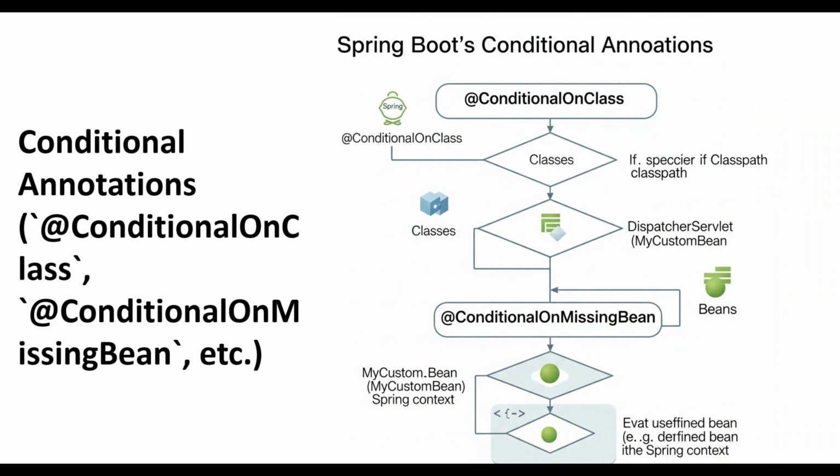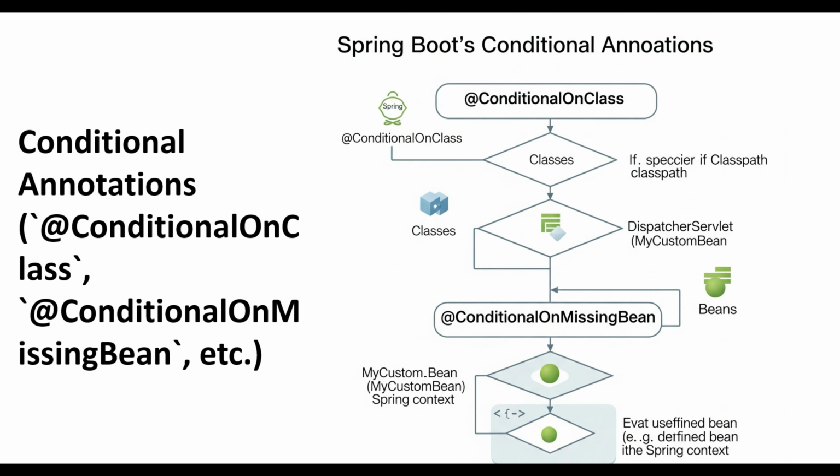Now after that, it is going to check on the conditional annotations. Let's say you have conditional on class, conditional on missing bean. Each of these configuration classes is typically annotated. In conditional on class, it is going to check if a certain class is present, then it is going to activate that, like the dispatcher servlet will be added.